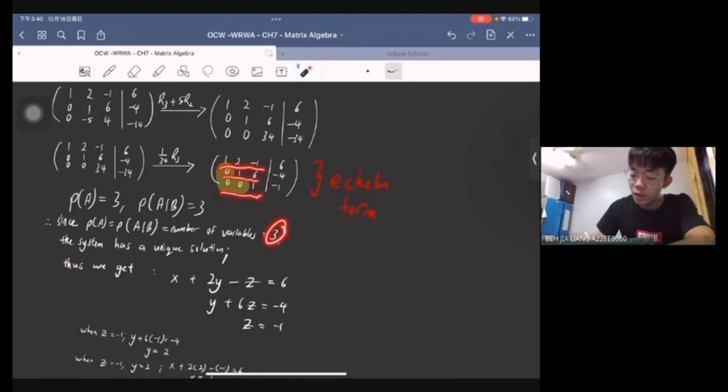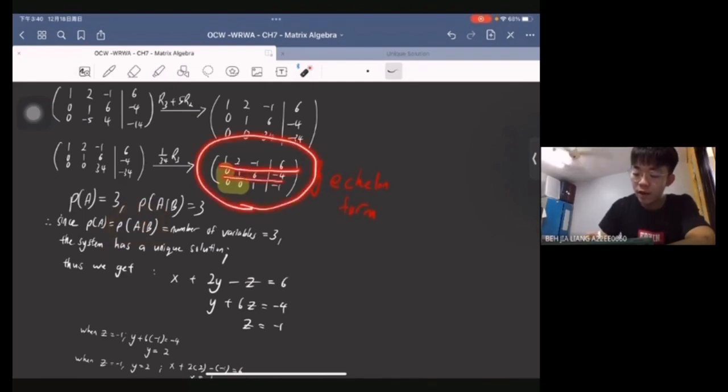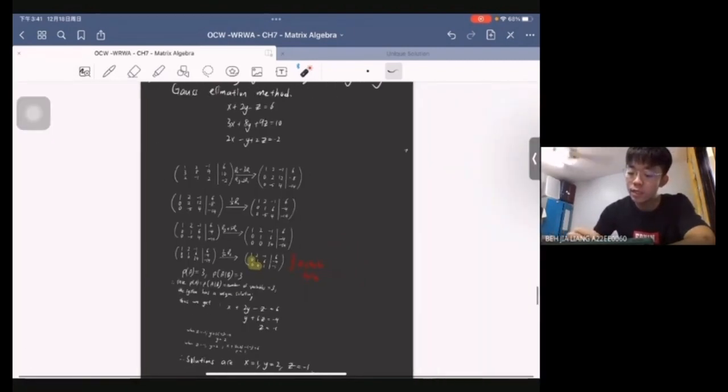Non-zero equal to 3. And also the number of non-zero rows in the augmented matrix A|B, with this last column, is also the same thing. It doesn't affect anything. It's also 3. And the number of variables for this linear system is also 3. X, Y, and Z, right?